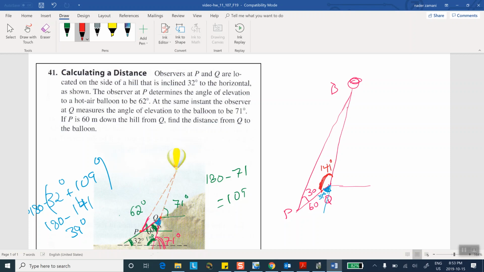So now we have a triangle here. There may be other ways of doing this problem. I'm not saying this is the best way or the only way. So we can solve this triangle.